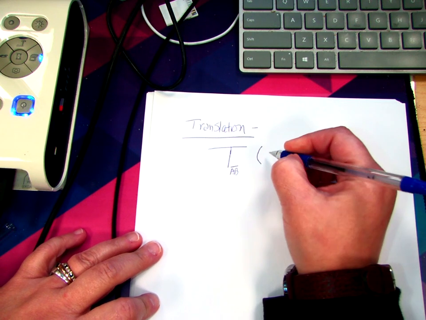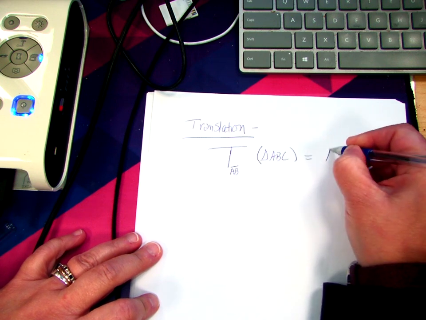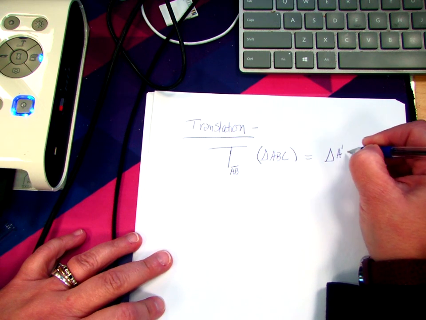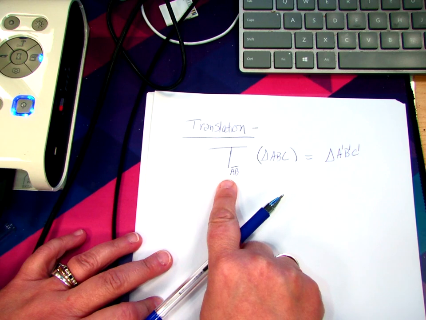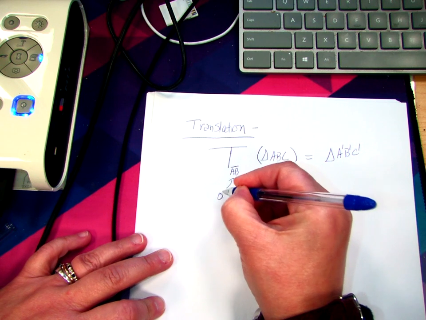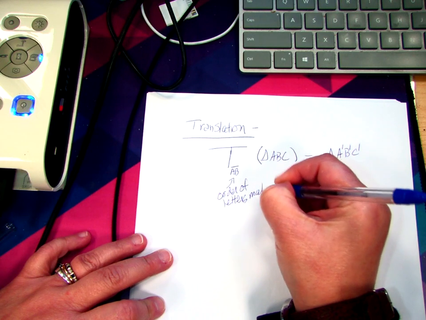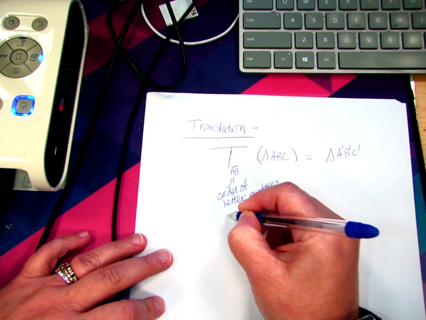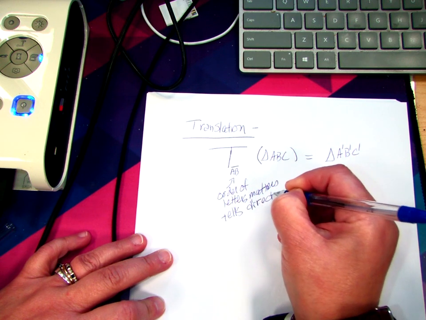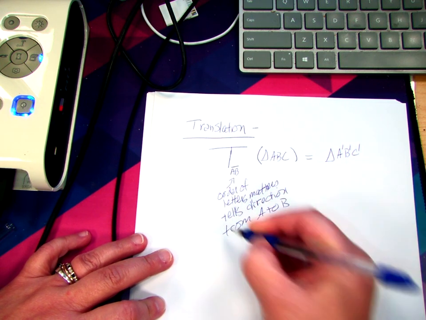In this case, I'm going to translate an entire triangle, triangle ABC, and I'm going to translate it along the segment A to B. So it's really important that the order of the letters matters. It tells you the direction you're going. Okay, it tells you your direction. In this case, from A to B.